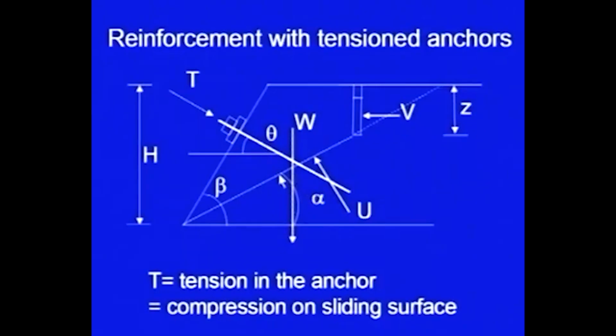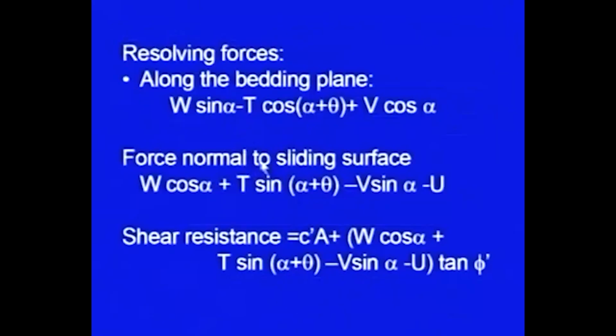So, its component parallel to the joint plane will be T cos alpha plus theta, and in present case this component will be acting in opposite direction, in the opposite direction to the sliding forces. So, here it is negative.